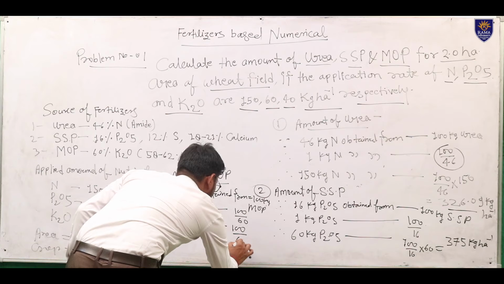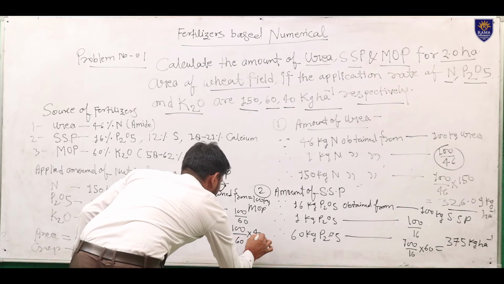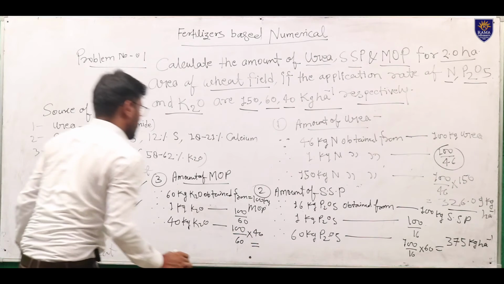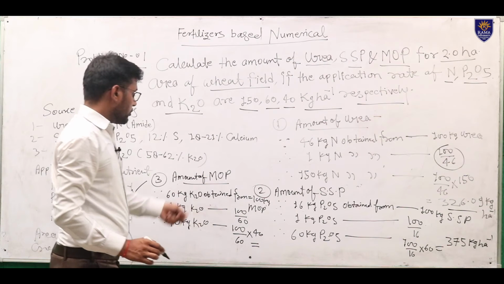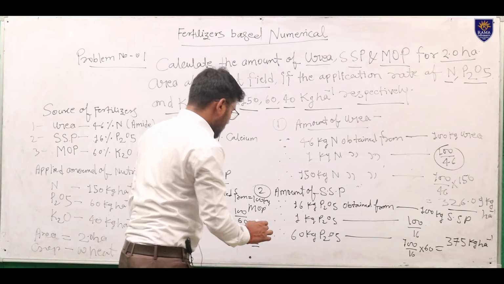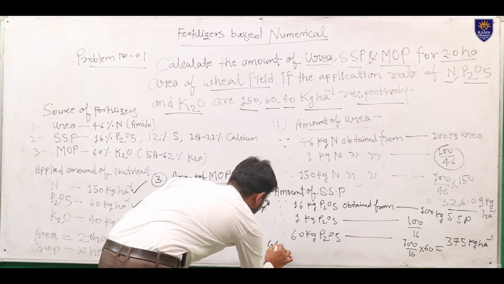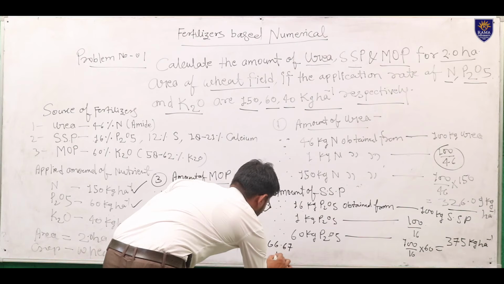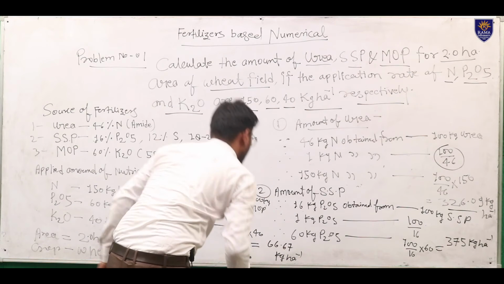So 100 divided by 60 multiplied by 40, and finally the amount of muriate of potash we get is 66.67 kg per hectare.